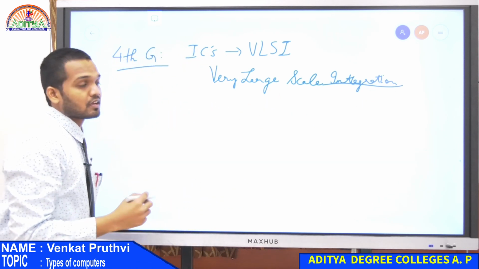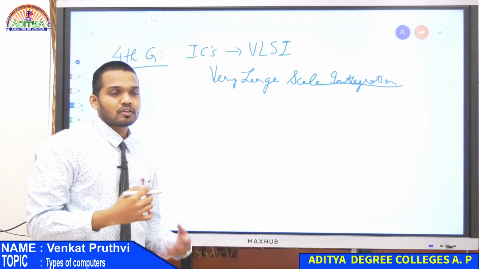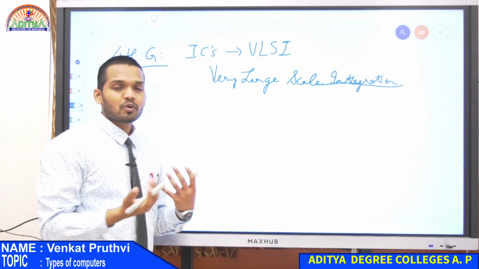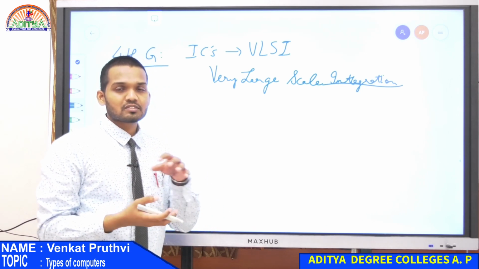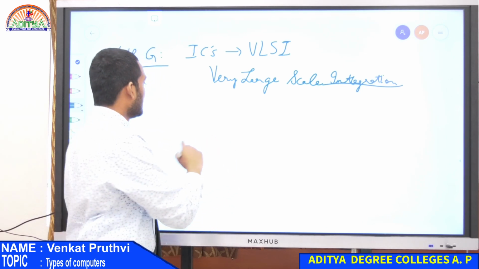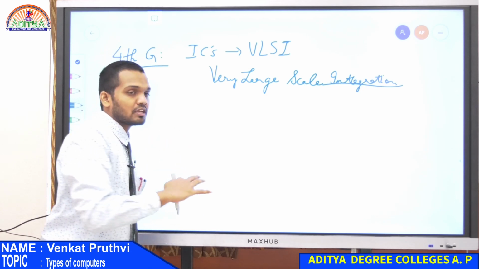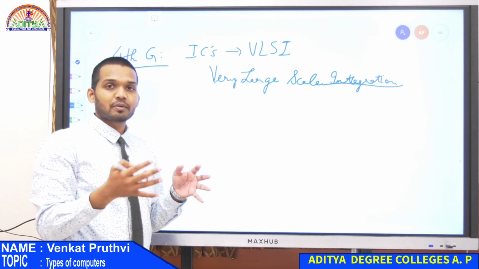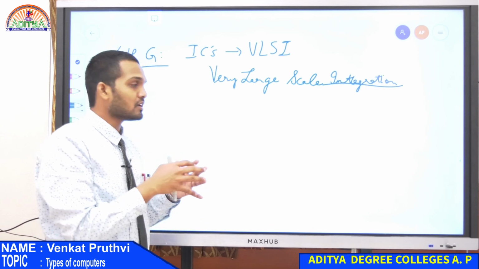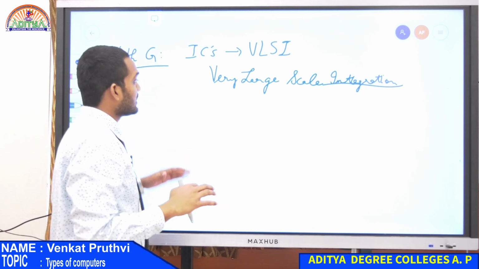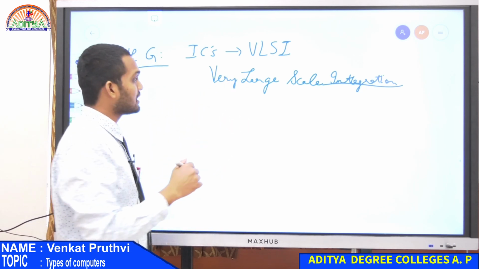This means that in a computer, what does the architecture of a computer contain? If there are so many circuits in your computer, all of them are compressed into a very small design, into a very small chip. That was possible with the help of VLSI.